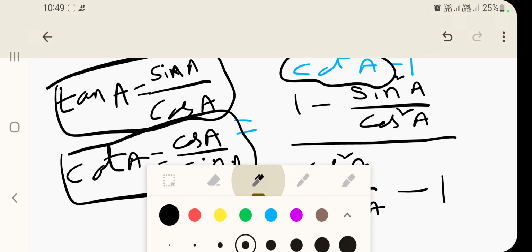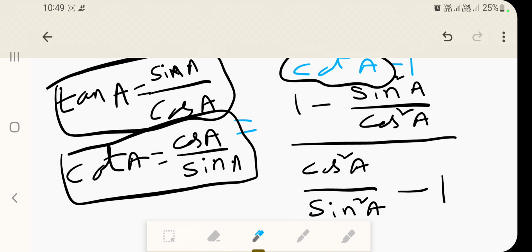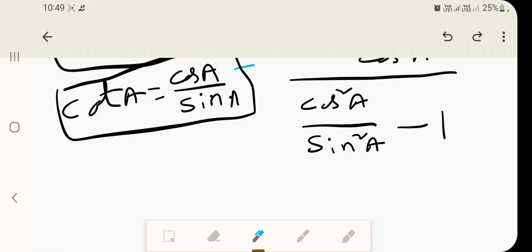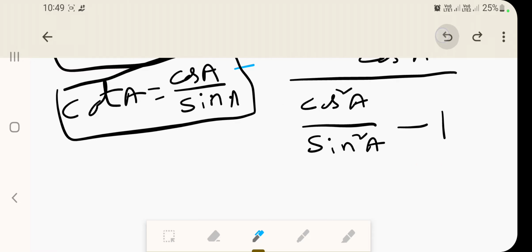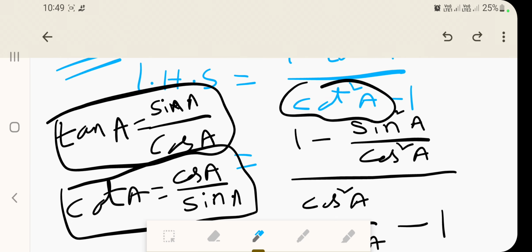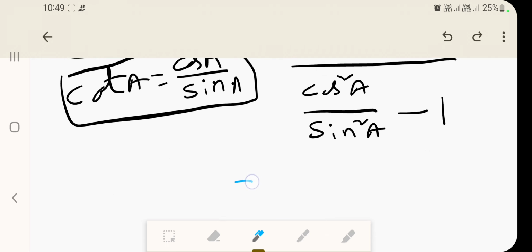Now we are going to take the LCM. In the numerator we have 1 minus sin square A by cos square A. In the denominator we have cos square A by sin square A minus 1. So we take the LCM separately for the numerator as well as for the denominator terms.